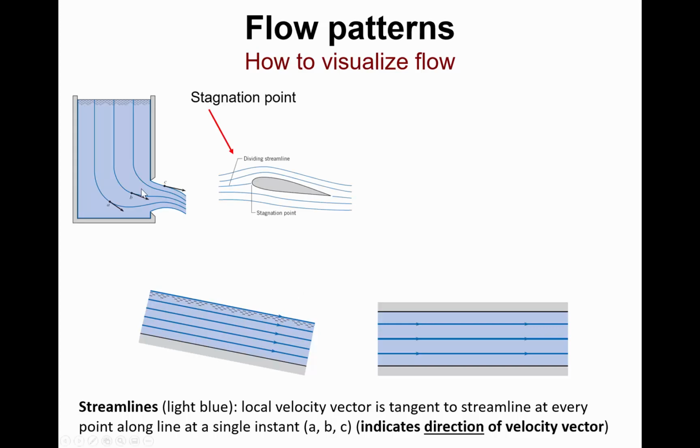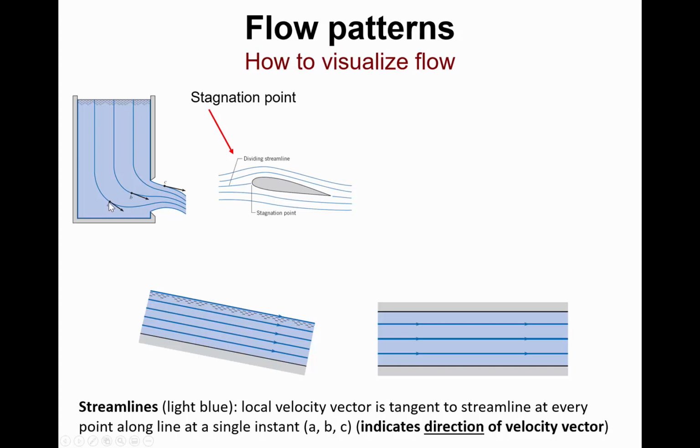So here are some other ways that streamlines can be used to help visualize flow. In the case of water that's emptying from a tank and then discharging through an orifice, you can see that the water is going down through the tank and it's discharging out into the air. And so these light blue streamlines give us an idea of the path that water would take if it followed that velocity vector.